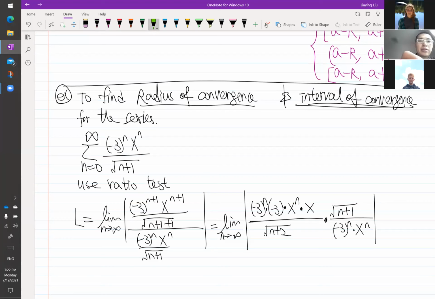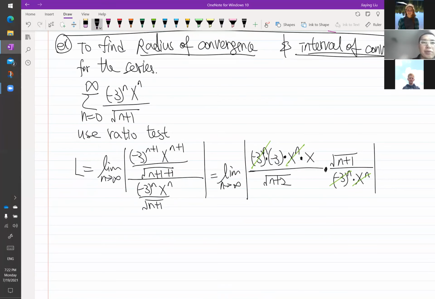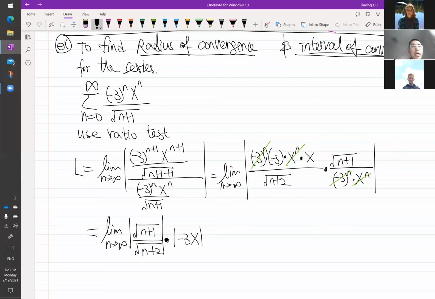By doing this, we can cancel a couple of terms, (-3)^n x^n, and put together everything else like we have done before. So that will be the limit as n goes to infinity of the absolute value of the square root of n+1 divided by the square root of n+2, close the absolute value, times the absolute value of -3x, which I'm going to put aside because that doesn't depend on n.